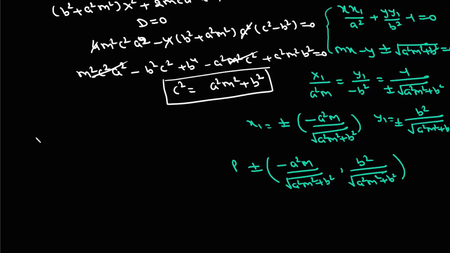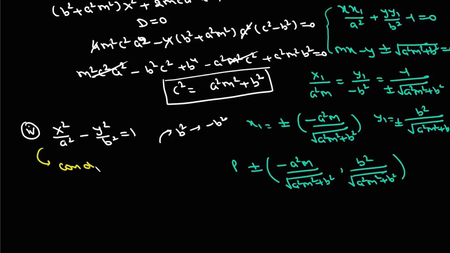And for this hyperbola, x square upon a square minus y square upon b square equals 1, we know that almost all the results of ellipse can be transformed into the results for hyperbola if we replace b square with minus b square. So for this hyperbola, condition of tangency will be c square equals a square m square, and then in place of b square we'll write minus b square.